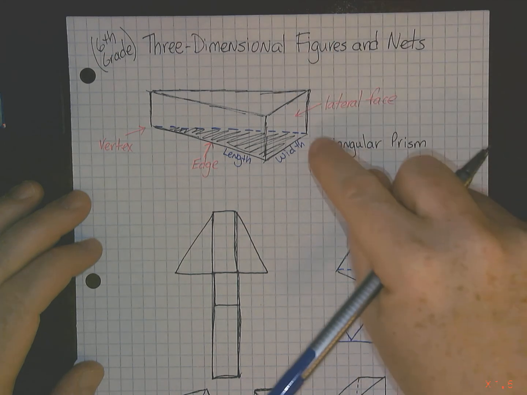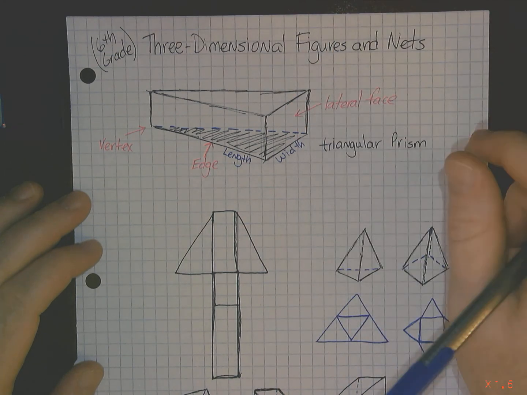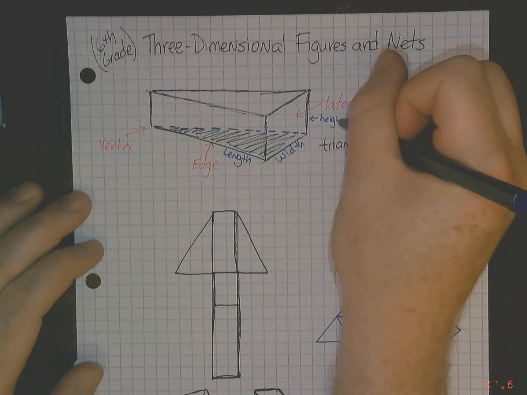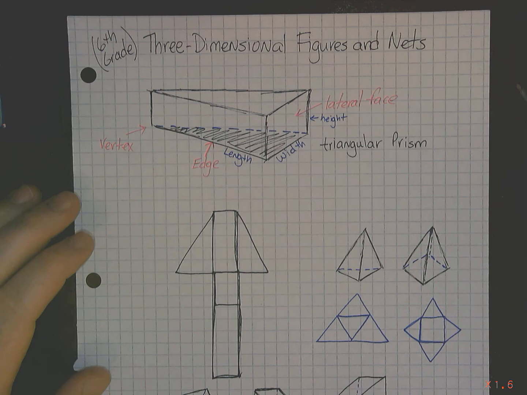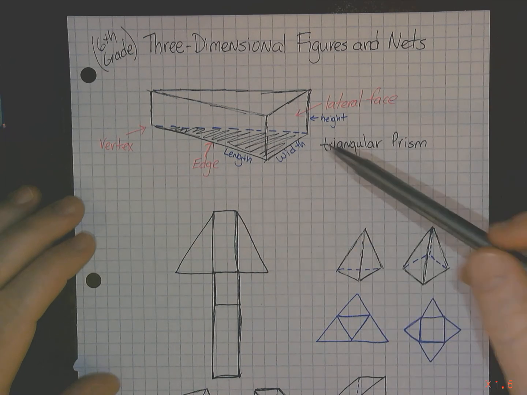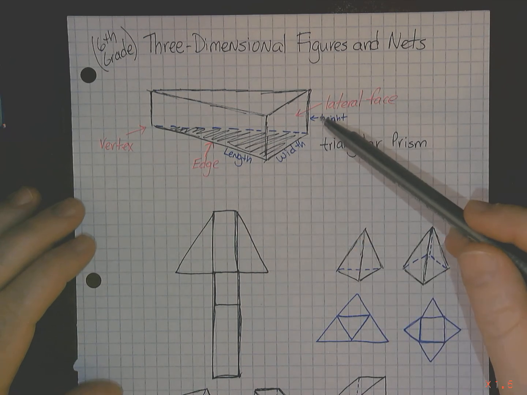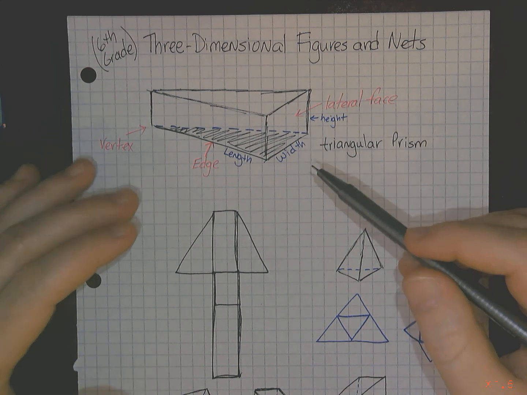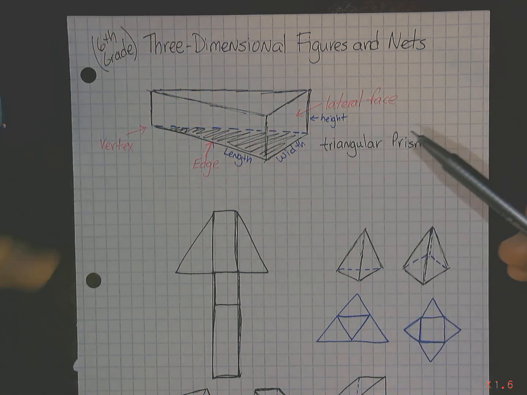And then the height of the actual figure would be there. Now don't get that confused with what's in the pink here. The pink is simply what it's talking about in terms of what the parts of the figure are.